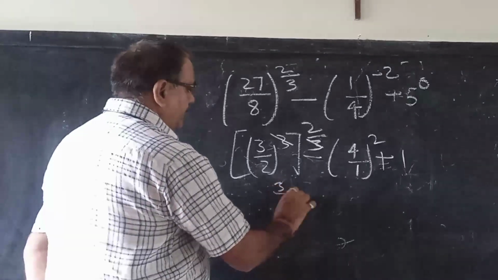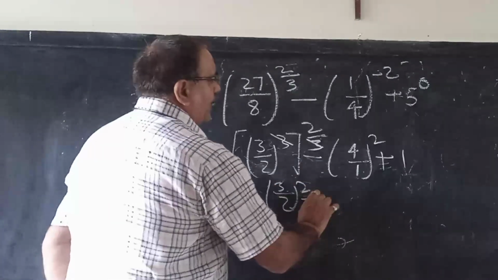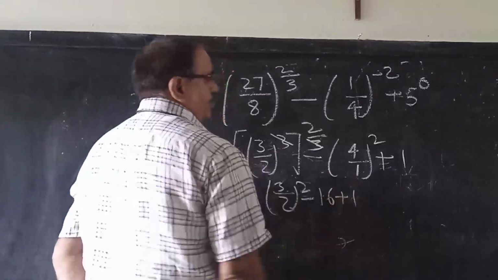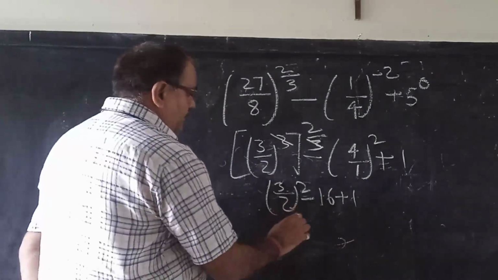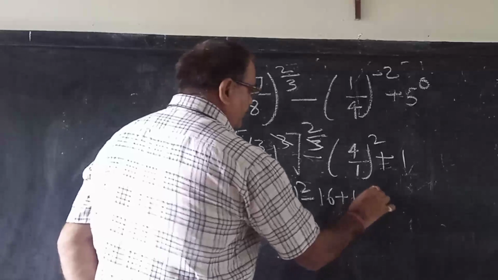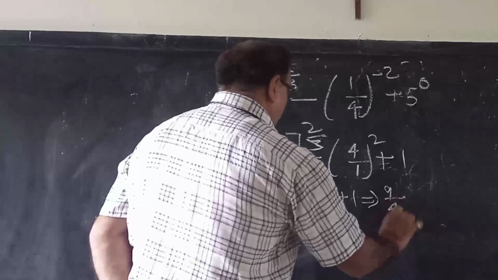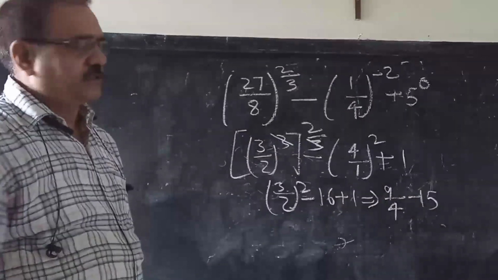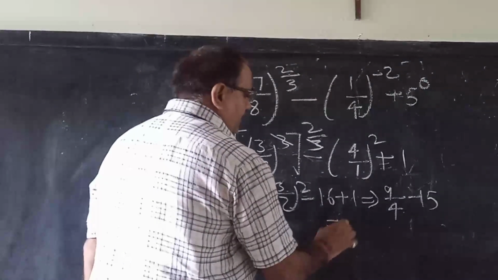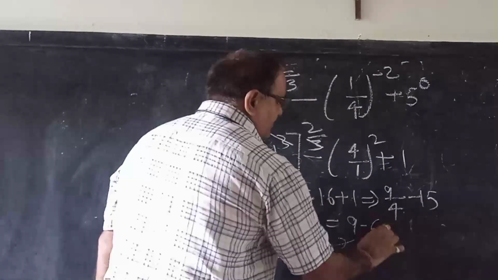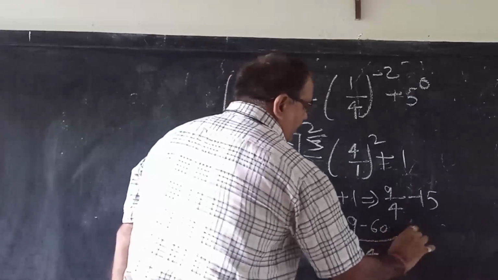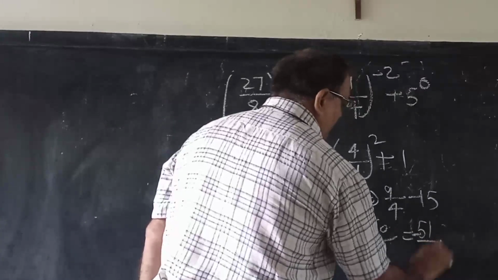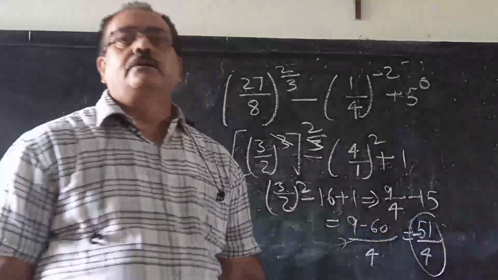What is left? 3 by 2 squared minus 4 squared means 16 plus 1. Now this becomes 9 by 4 minus 16 plus 1, minus 15. So this becomes 9 minus 60 by 4, which is minus 51 by 4. This is our answer.